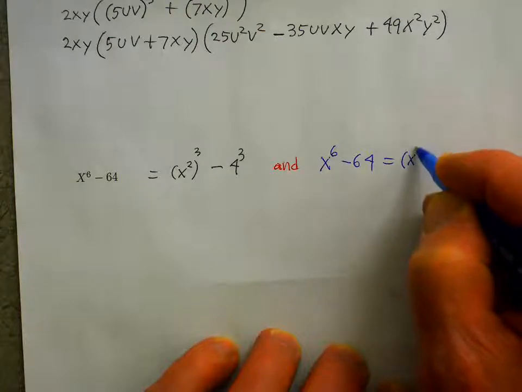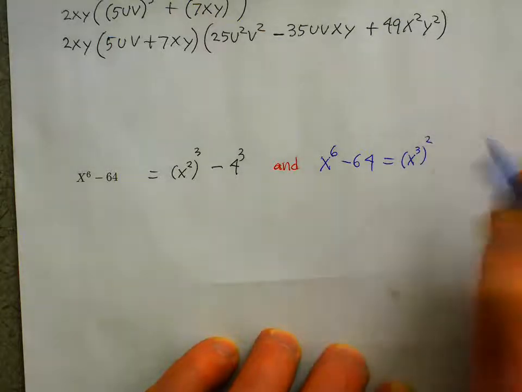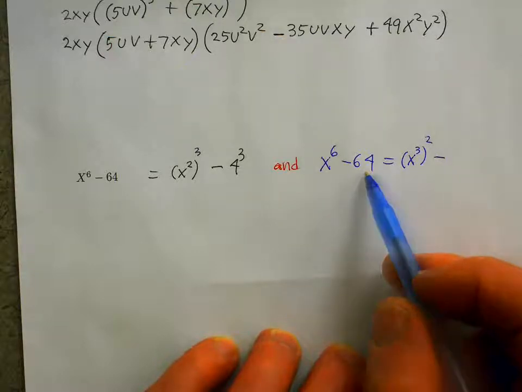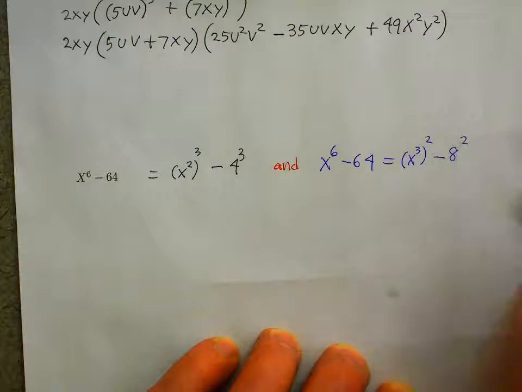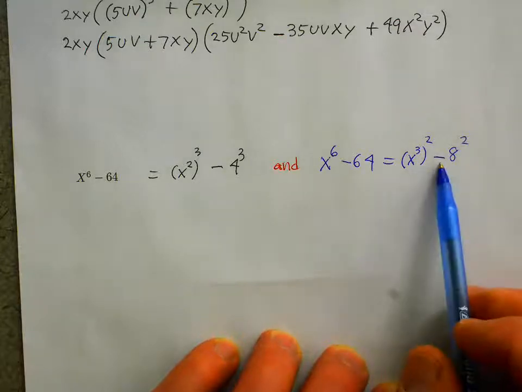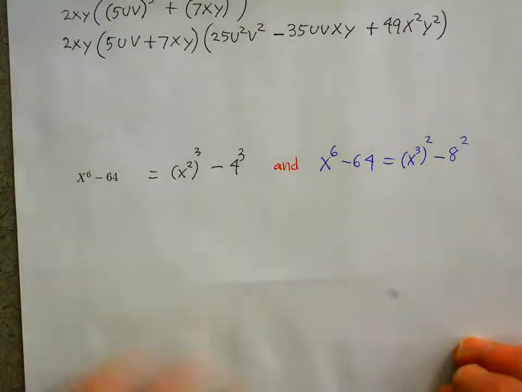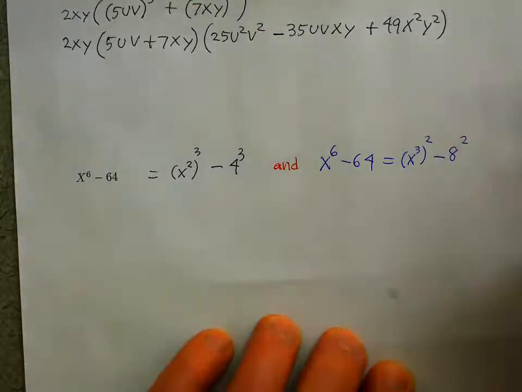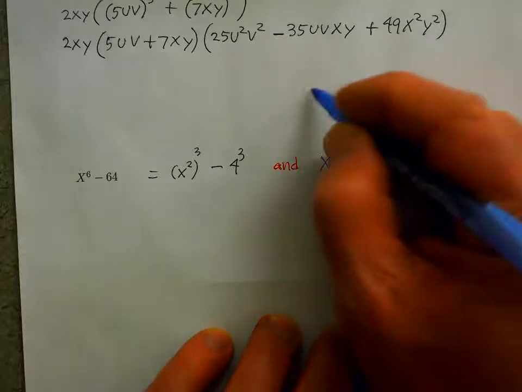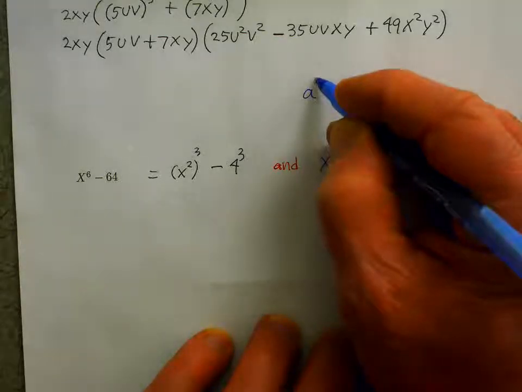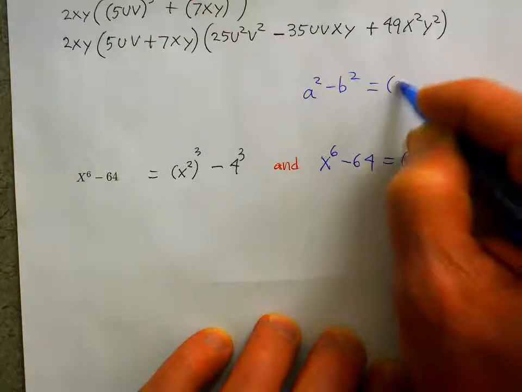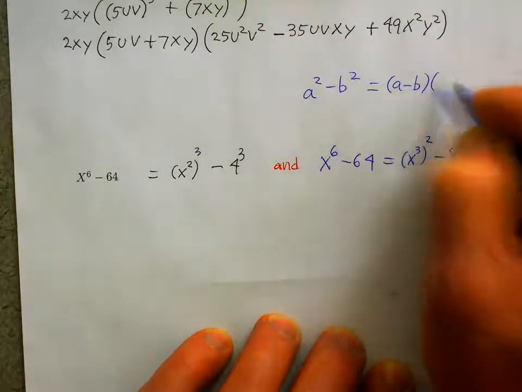Yeah, you would have to square x to the third. And then 64 is 8 squared. So it also can be interpreted as a difference of squares. And I'll remind you of the difference of squares factoring formula that we talked about before. a to the second minus b to the second is a minus b times a plus b.